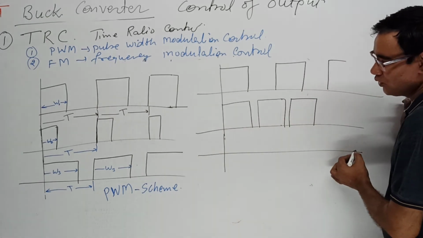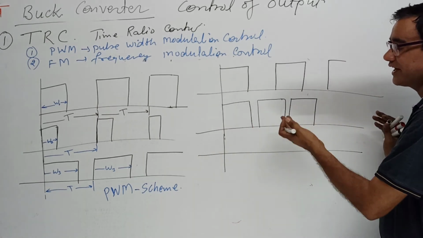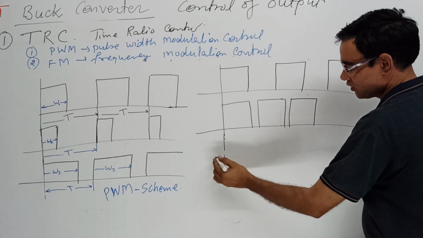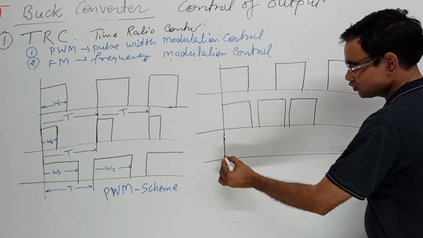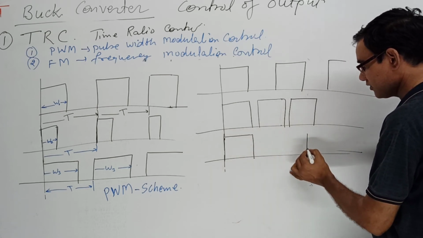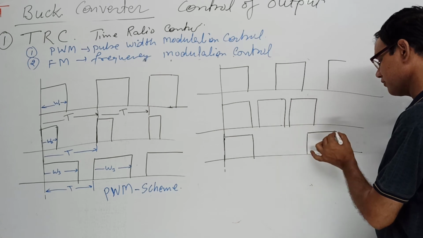If we want to increase, this is the time. If we want to decrease, the pulse width remains the same and the total cycle time will vary.